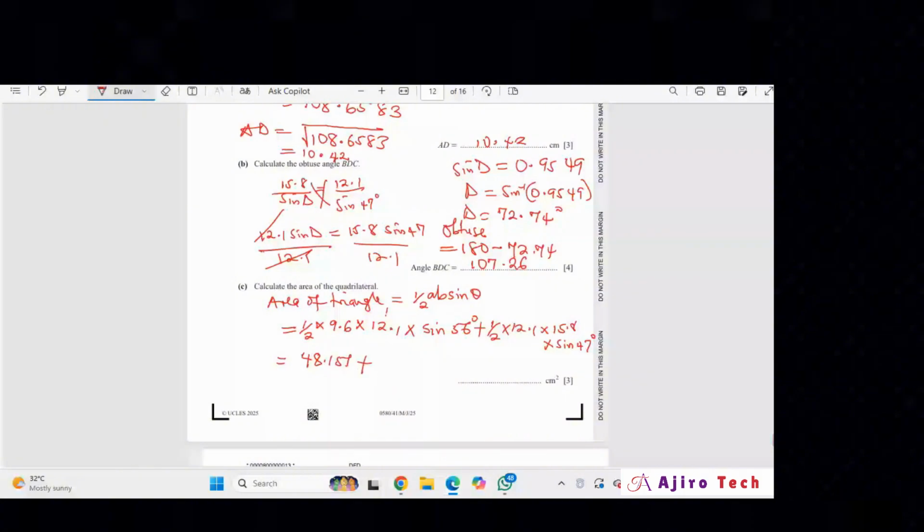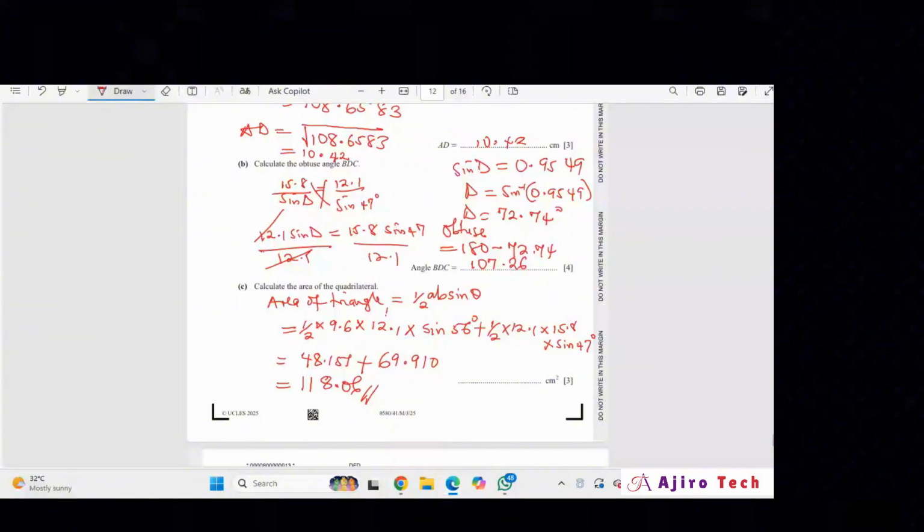Plus the other one now: 0.5 times 12.1 times 15.8 times sine 47. When you do this, it will give us 69.910. Add them together with 48.151, and that gives us 118.06.